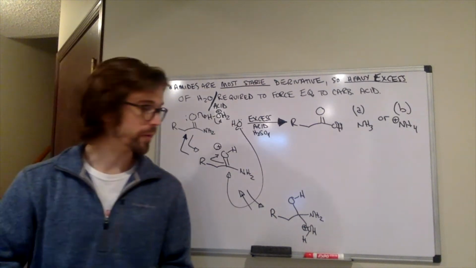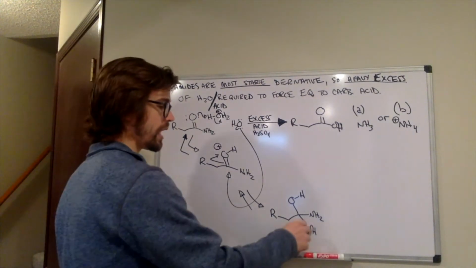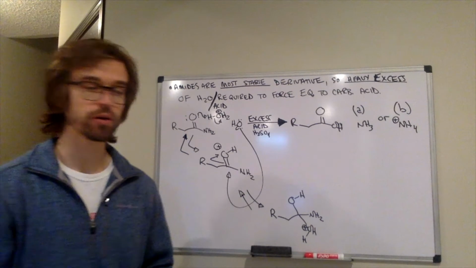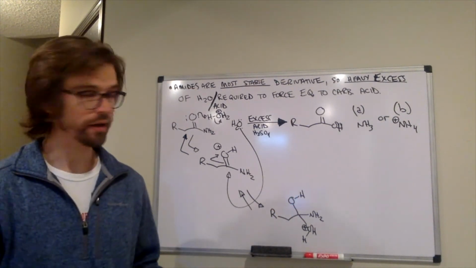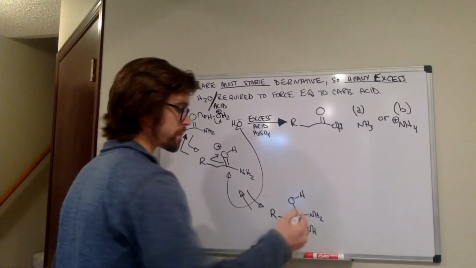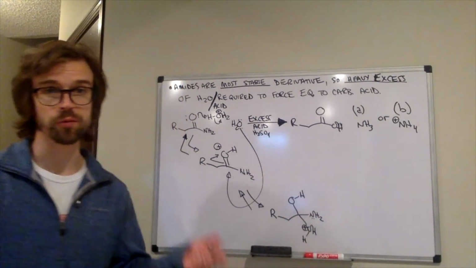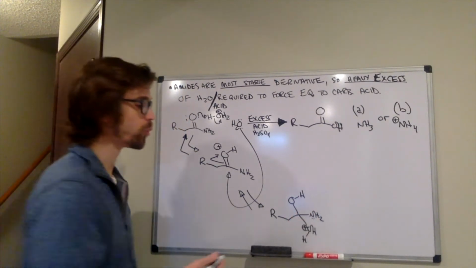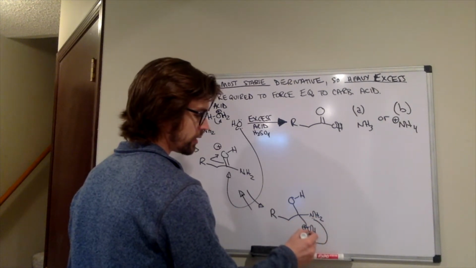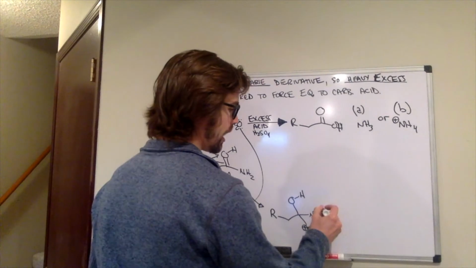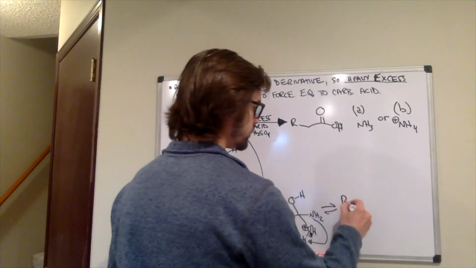And essentially at this point we have to say, well, what can this hydrogen be transferred to? We could transfer it to the other oxygen, but what else? We also know that nitrogen has a lone pair. And if nitrogen were to grab that proton, it would provide an intermediate that looked like this.